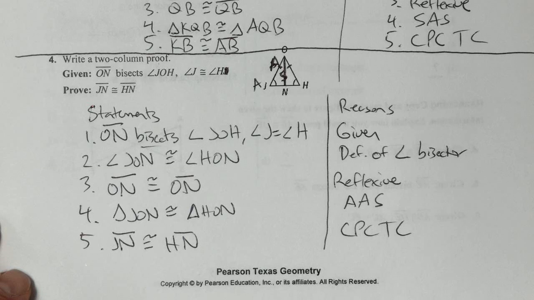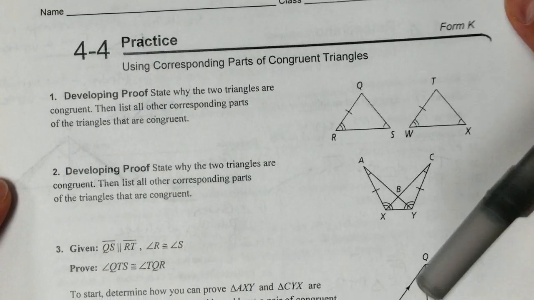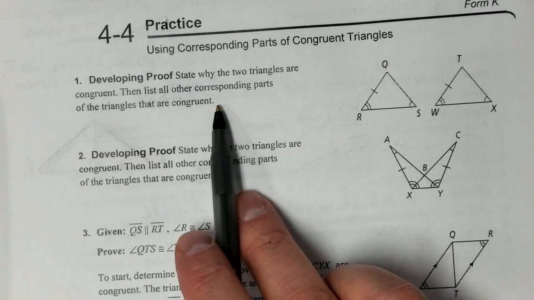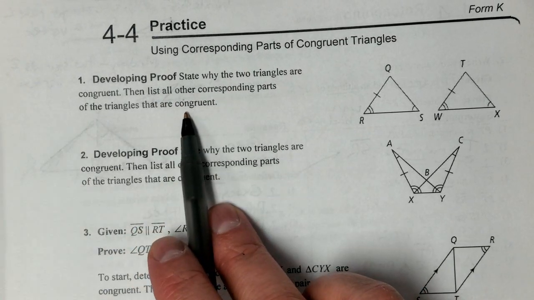I'm going to keep it there for a moment. Okay, let's go ahead and start a couple of these. This one says state why the triangles are congruent, then list the other parts that are.